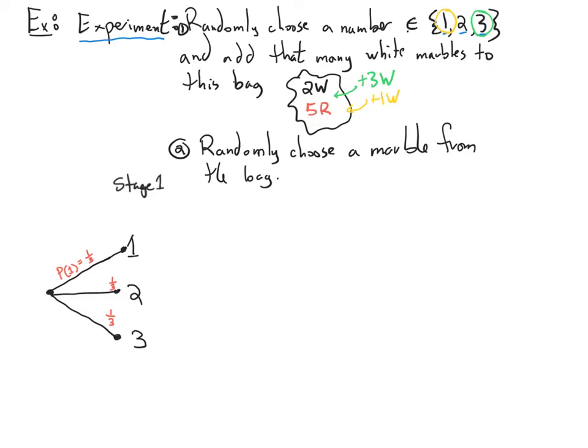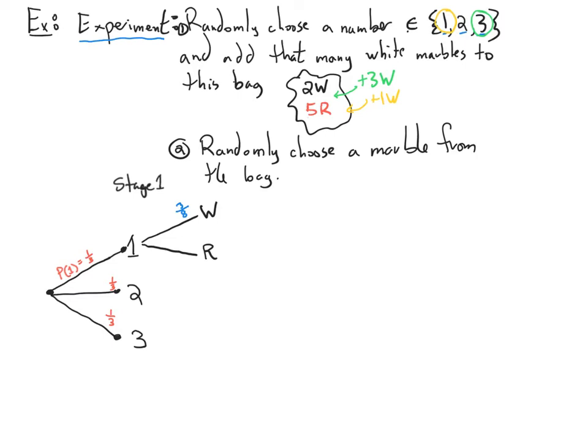So if I draw a marble, there are 2 different events or outcomes: you can either get a white marble or a red marble. Now I want to pretend like I've already picked a 1, so I want the probability given that I've chosen a 1. The probability that I pick a white marble, well, there's 3 white marbles out of 8 in total. So the probability is, I'll write this in blue, 3/8.